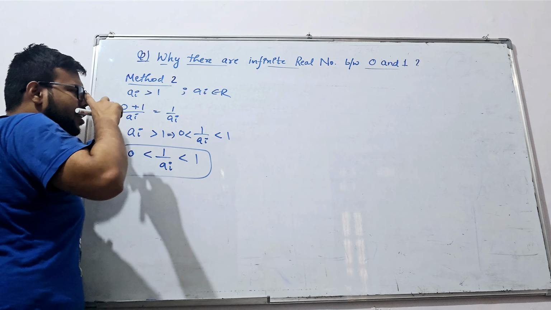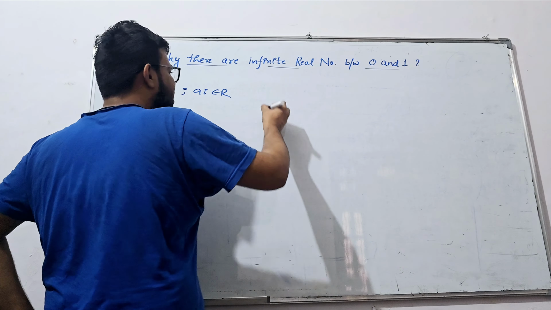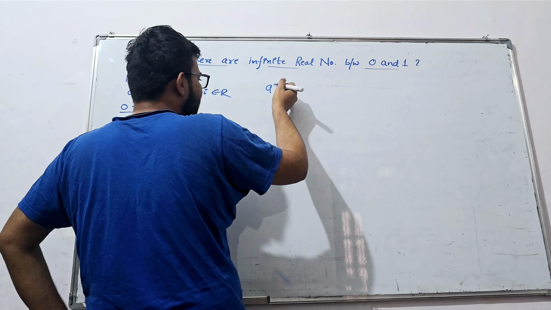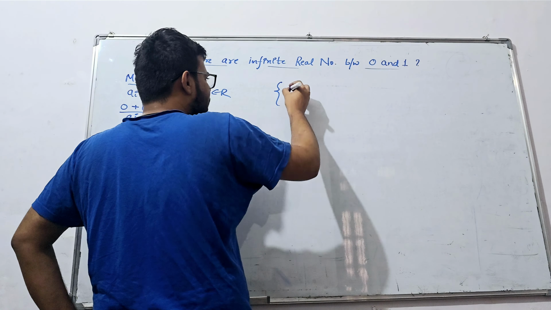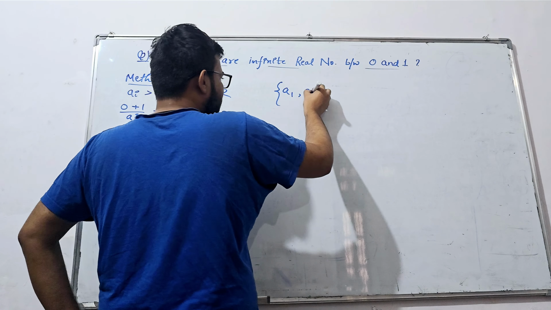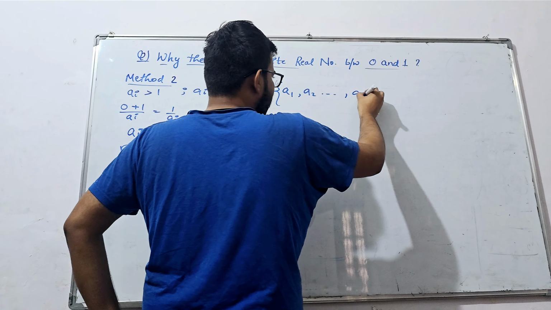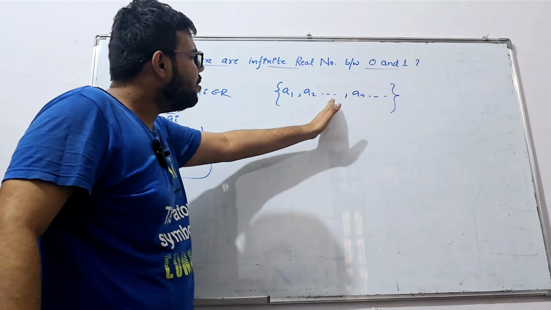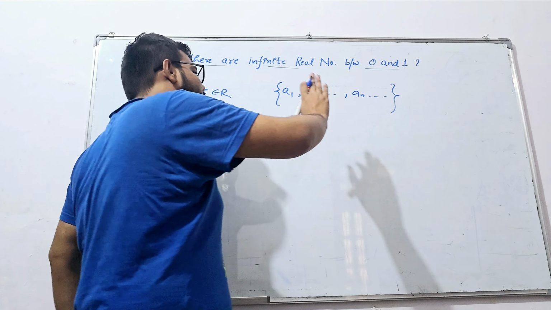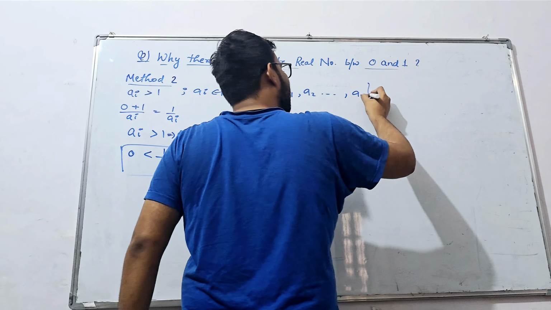Okay. Now we define a sequence of a_i: a1, a2 till an and so on, right? In which there are an infinite number of terms, or suppose for now just assume there are n terms.